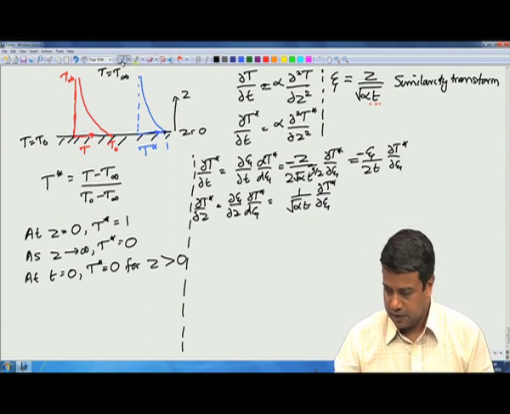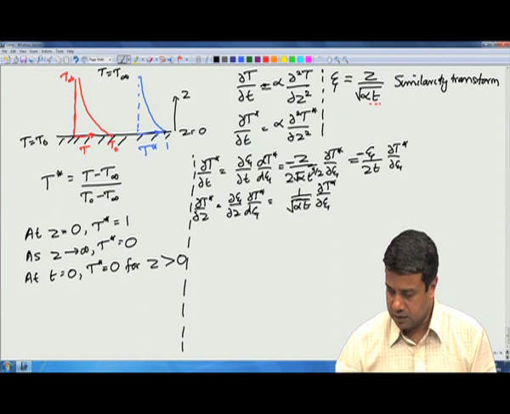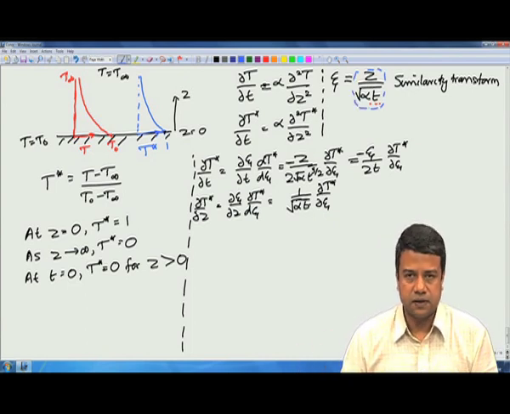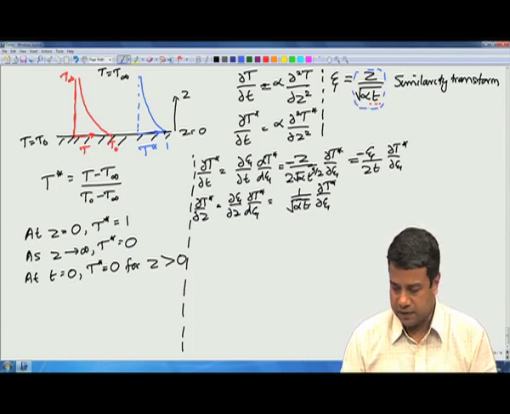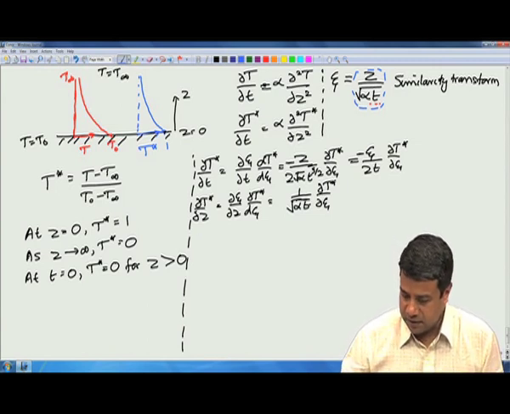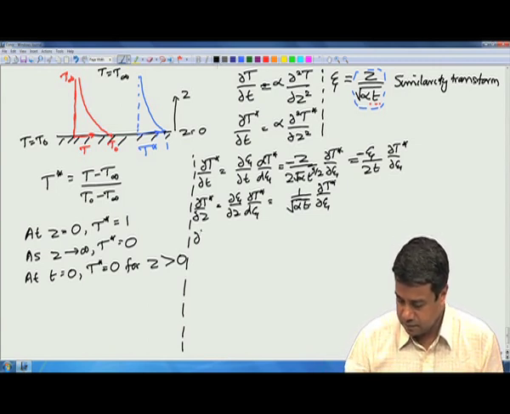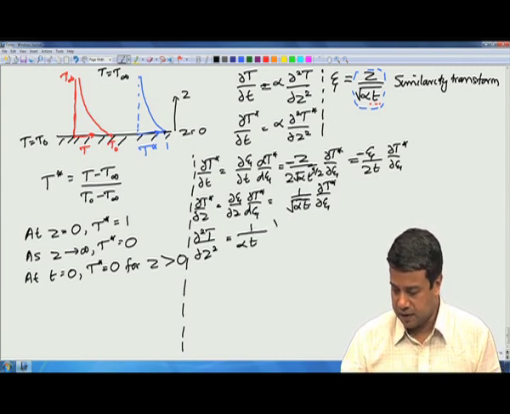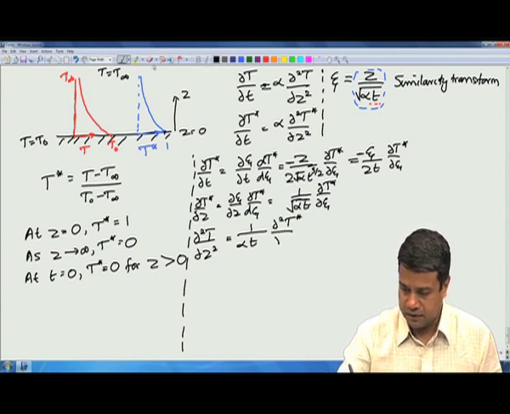And the square root is on both. So, when I take the derivative of psi with respect to z, I just get 1 over root alpha t. Taking the second derivative, you will just get one more factor of 1 over root alpha t. So, I just get 1 over alpha t times d square T by d psi square, this is a total derivative because T is only a function of psi.